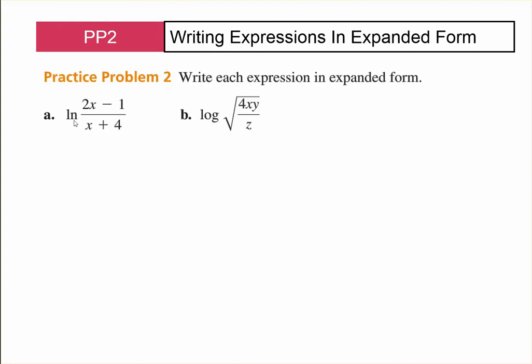So first one, ln. Now, real quick, remember what ln is. Ln is log of base e. And e is a very important number in mathematics because there are a whole bunch of natural applications that come out of it. Chemistry, geography, you name it. There's even banking.